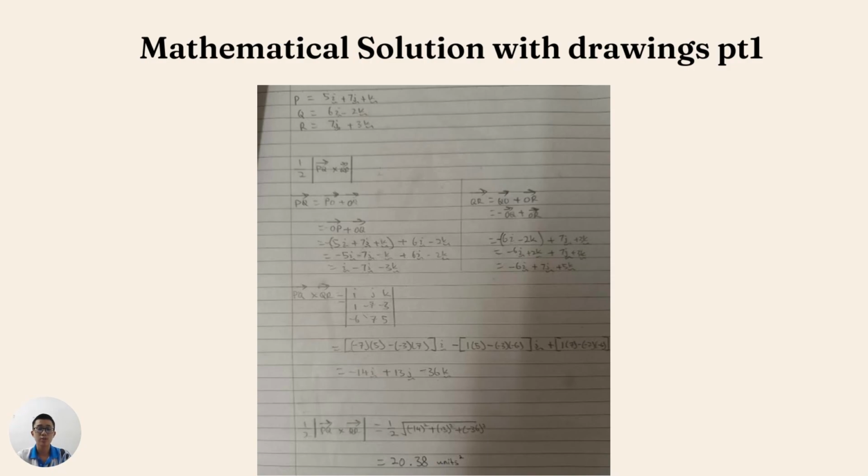And last, our final answer for the area of triangle vector PQR is 20.38 units squared. That's all I have to present today. Now I'll be giving the slide to the next person. Thank you.